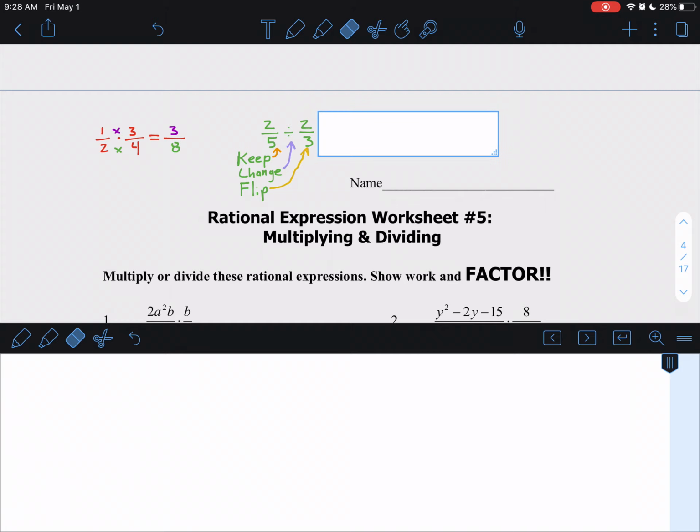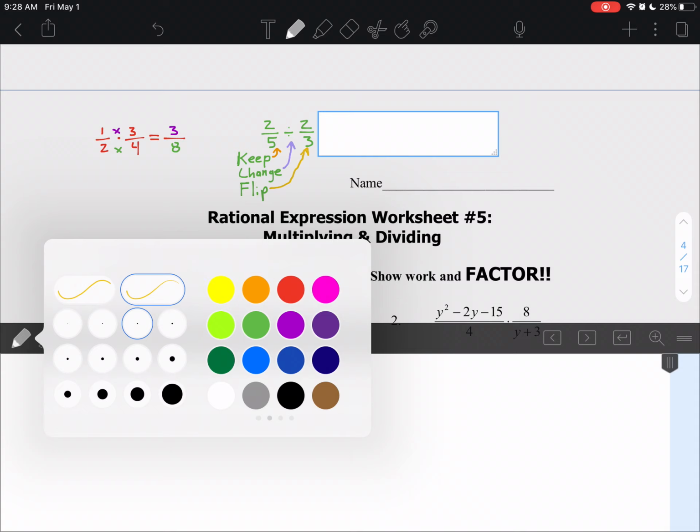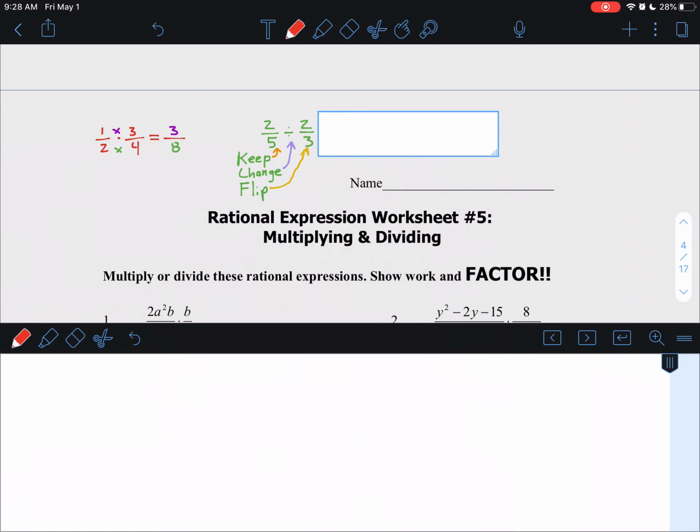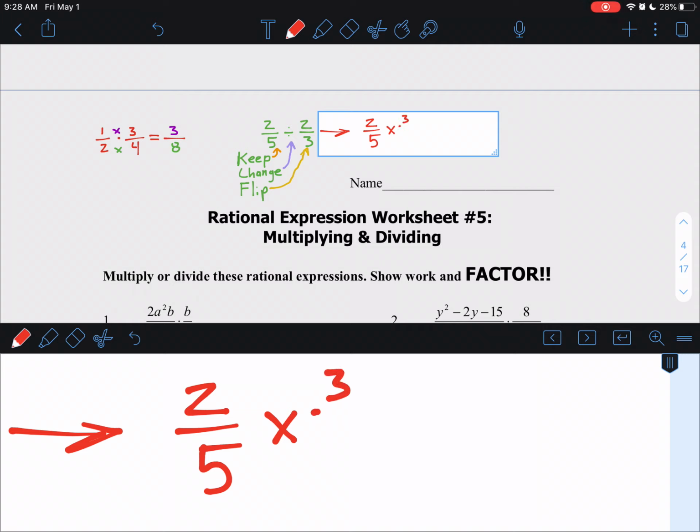So once I do my keep, change, flip, I'll go back to my standard colors, my red. I keep the 2/5, I change the division into multiplication, and I flip the second fraction. So now it's going to be 3/2 instead of 2/3.